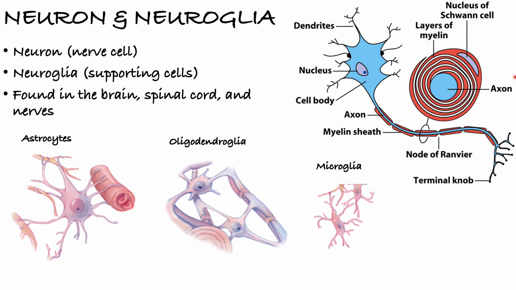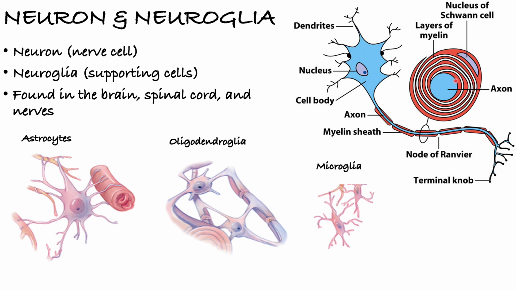Sometimes the axon is surrounded by what we call the myelin sheath. We call it a sheath because there are layers and layers of myelin surrounding the axon, but there are also going to be spaces in between the myelin sheath. We call those spaces nodes of Ranvier. This will become a lot more important when we start talking about nervous tissue in terms of conduction, how fast the information can be passed on from one cell to another.